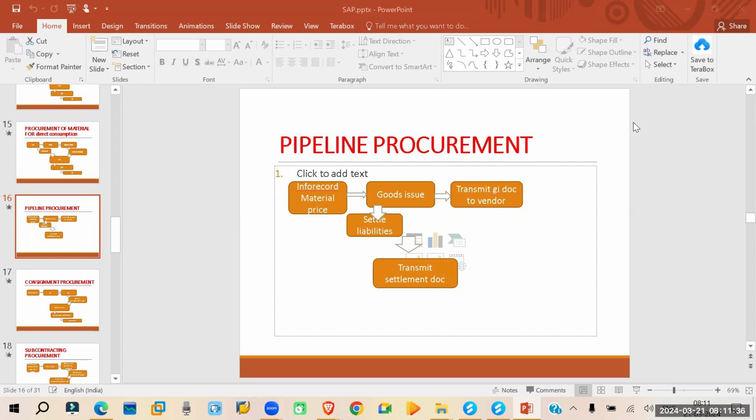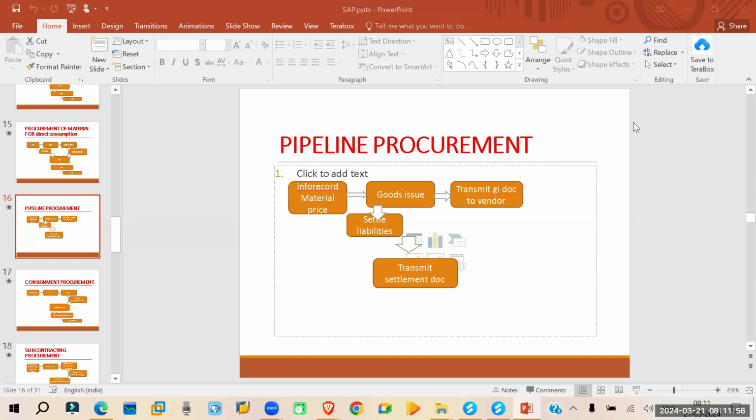So now once you have identified everything, you will go for an info record. Okay, so what is an info record? An info record is basically a document which will contain all the terms and conditions from the supplier on the material.